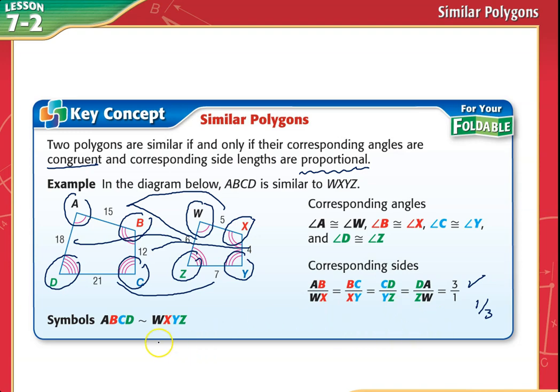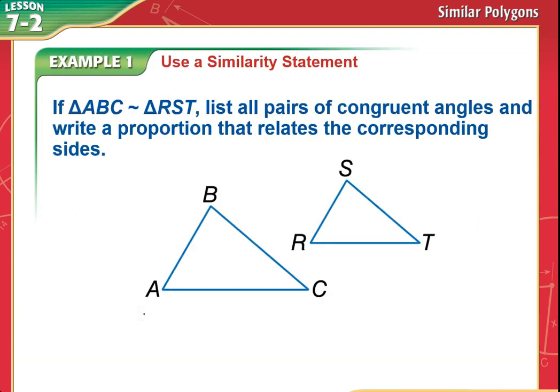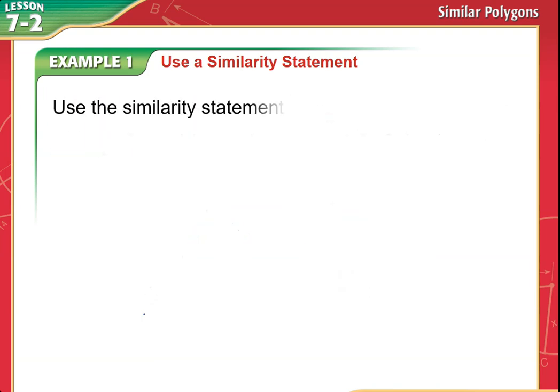And then we use a symbol here to represent similar. Using a similarity statement, list all pairs of congruent angles and write a proportion that relates the corresponding sides. Using the similarity statement, we have A points to R, B points to S, and C points to T. So triangle ABC is similar to triangle RST.